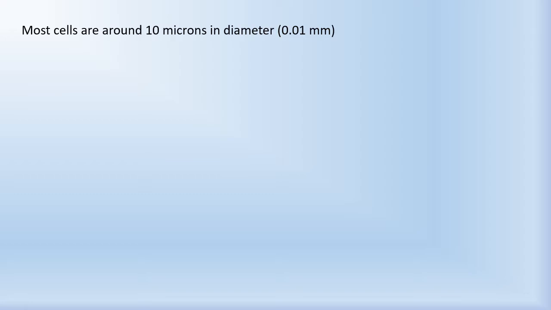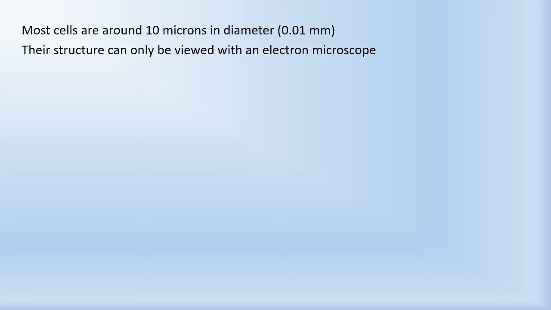That's 0.01 millimeters. Because of this, their structure can only be viewed using an electron microscope. And they all start as undifferentiated stem cells.